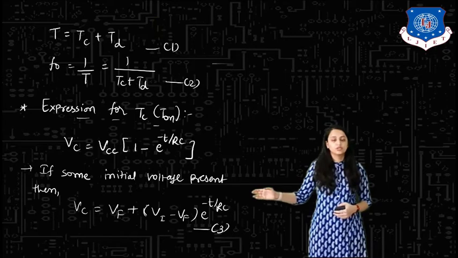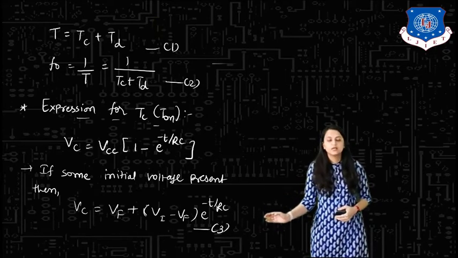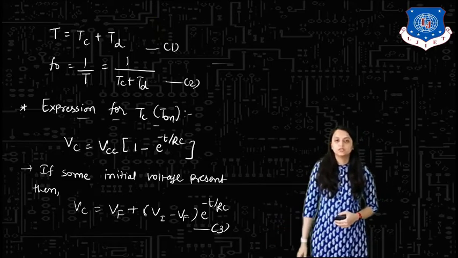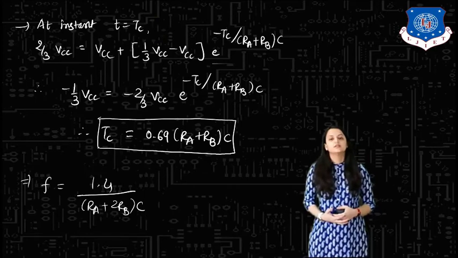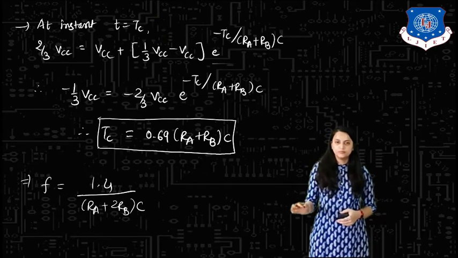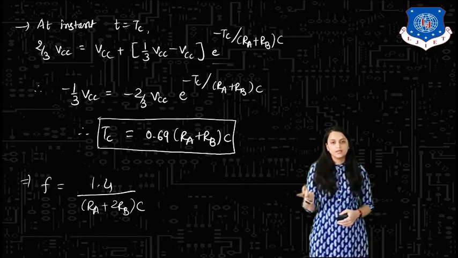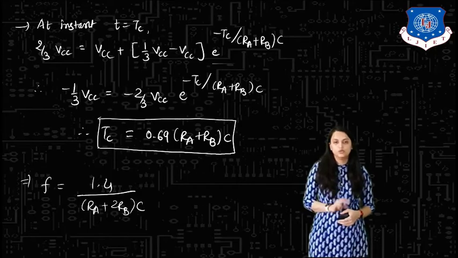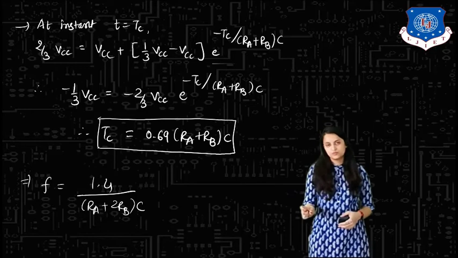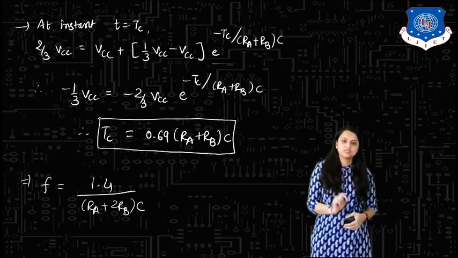If some initial voltage is present, then we can write the equation Vc equals Vf plus (Vi minus Vf) into e raised to minus t by Rc, that is equation number 3. At the instant t equals Tc, 2/3 Vcc equals Vcc plus 1/3 Vcc minus Vcc into e raised to minus Tc by (Ra plus Rb) into c. So minus 1/3 Vcc equals minus 2/3 Vcc into e raised to minus Tc upon (Ra plus Rb)c.